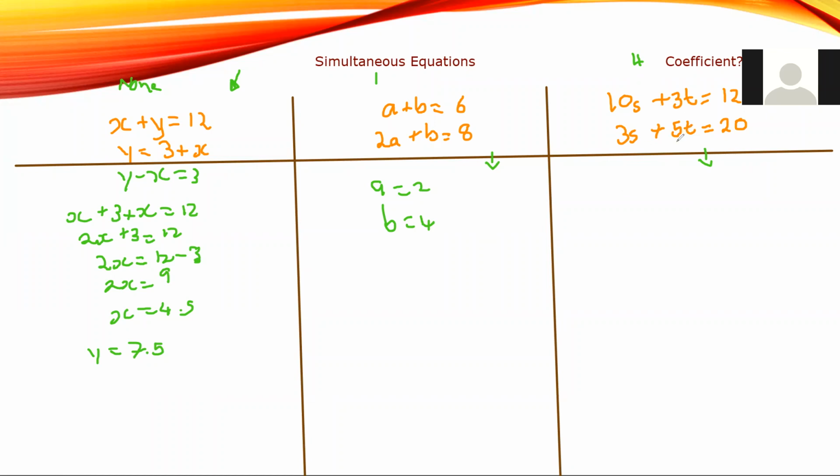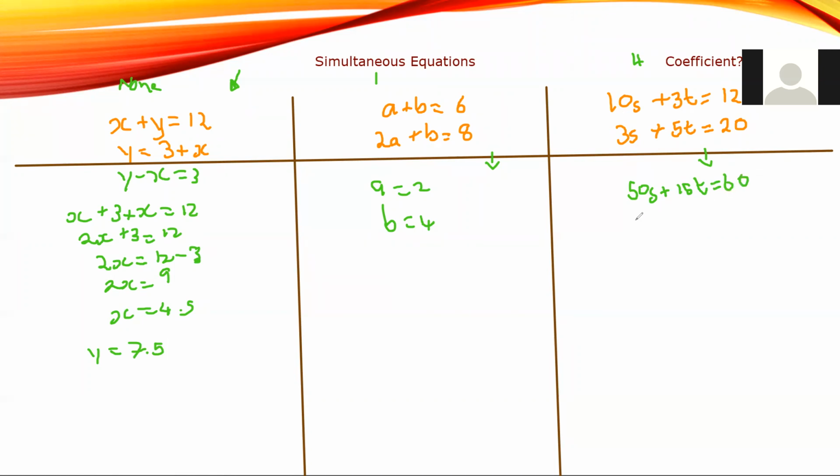Okay, let me quickly do this. Which one can we eliminate? These are all wrong. Which method can I use? I want to multiply everything on this side by 3, everything on that side by 5, so that I can have a 15 and eliminate t. So I will have 5, that means 5s plus 15t equals 60.